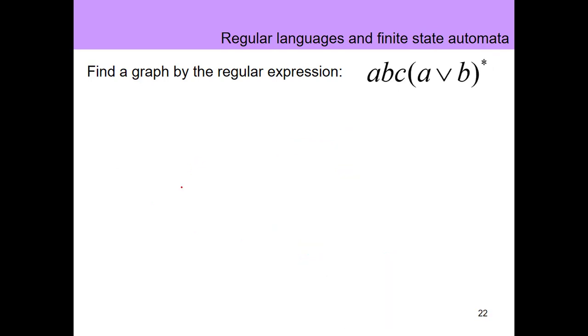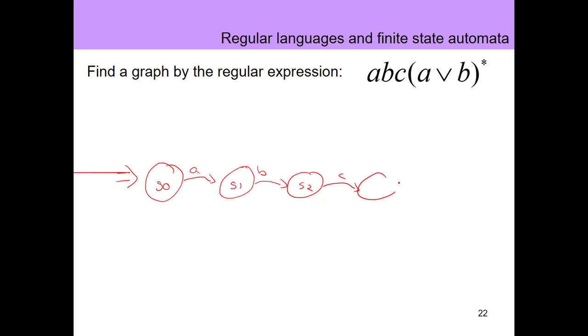Another one: we start at an entry point, in an initial state S0. Then apparently, before I can move on, I have to take an A, a B, and a C. So I take an A, I go to a next state, I take a B, and I go to a next state. I take a C, I go to a next state.